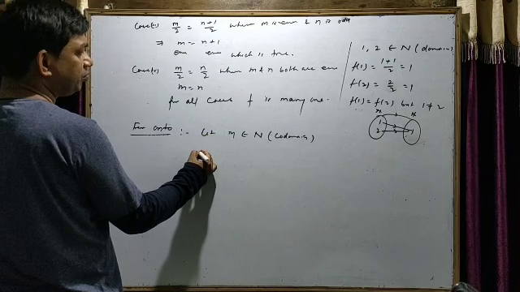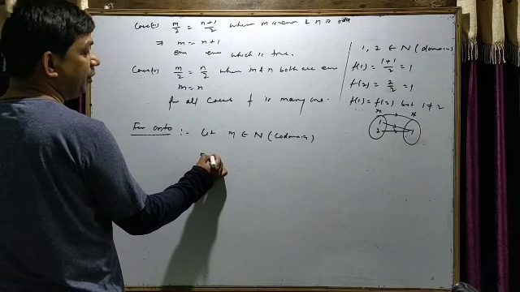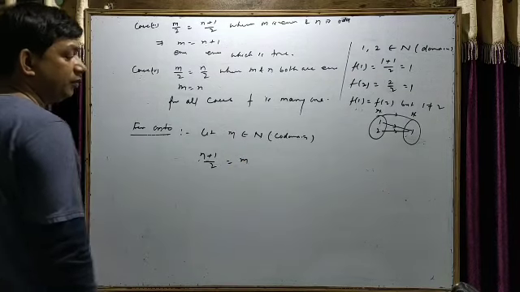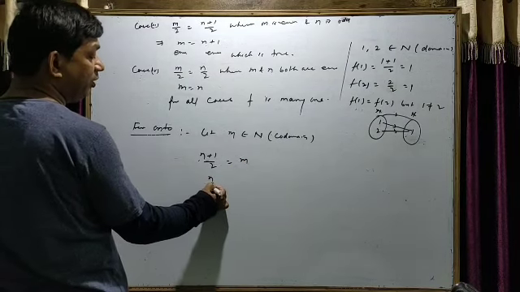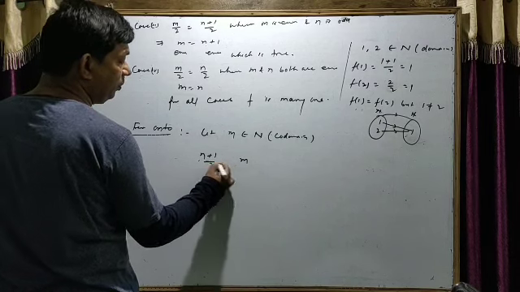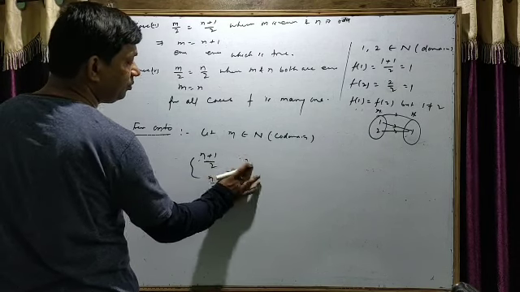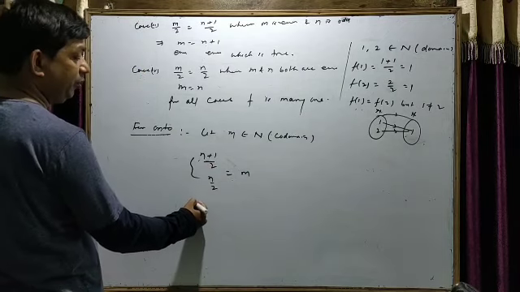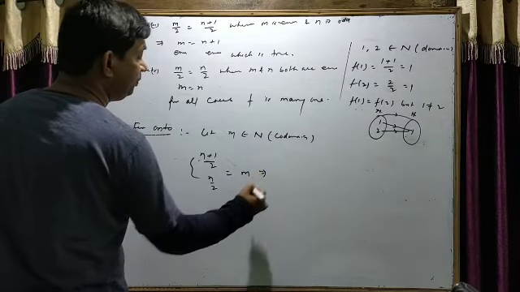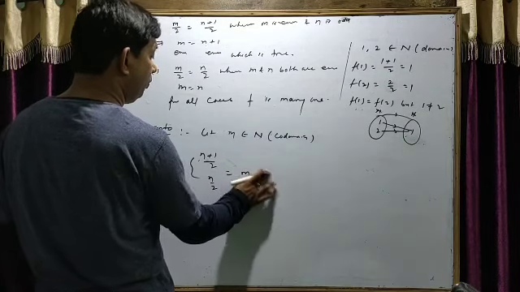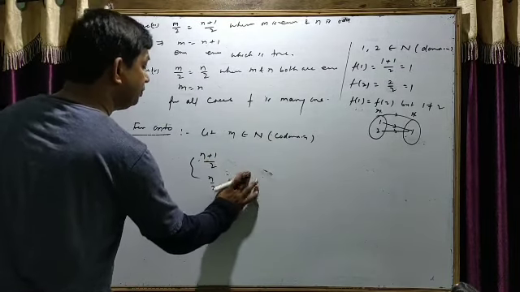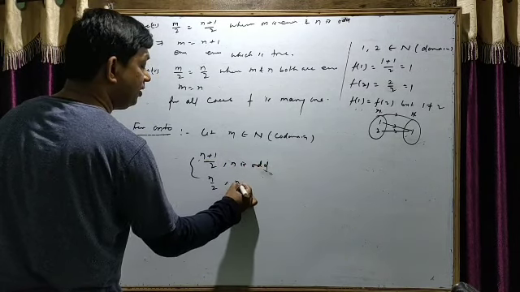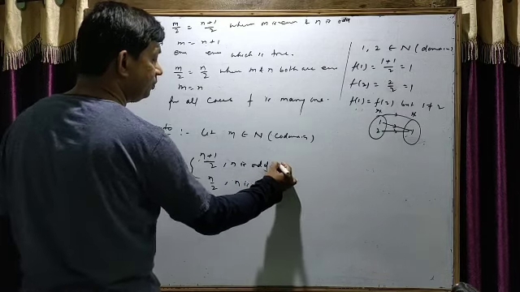So (n plus 1) by 2 equal to m, and when n by 2 equal to also m. In both the cases the answer is m. So you see the value of n from here, one time n is odd and one time n is even.